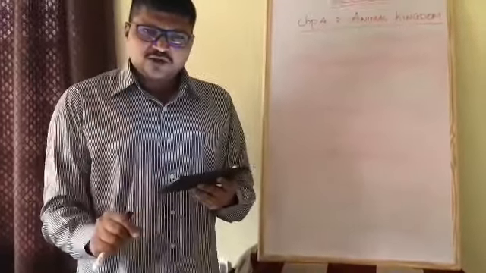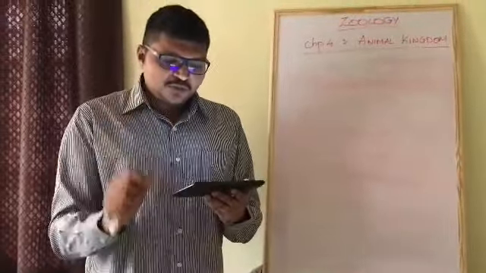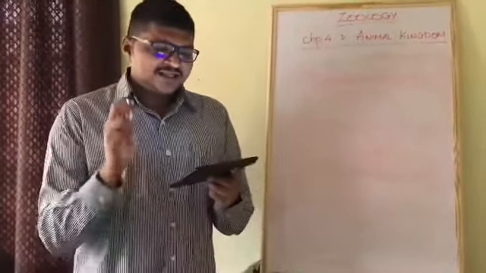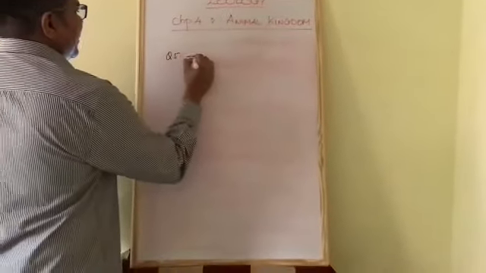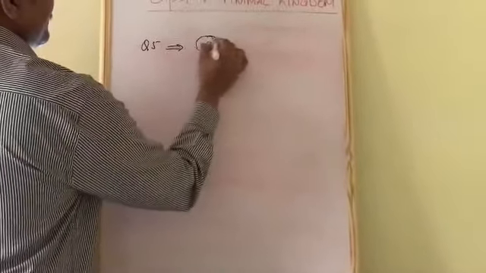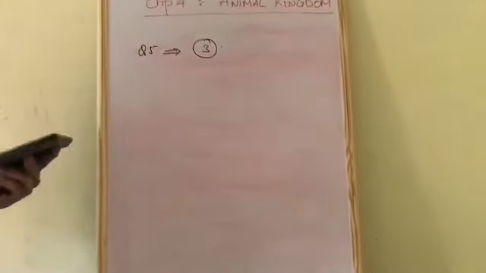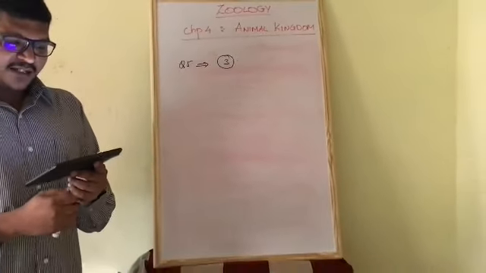Option number 2 is Leucosolenia, which is also not a bath sponge. Third option is Euspongia, which is the bath sponge. So question number 5, the correct answer is option number 3, which is Euspongia. And the fourth option, last one, Spongilla, of course, is not called a bath sponge.